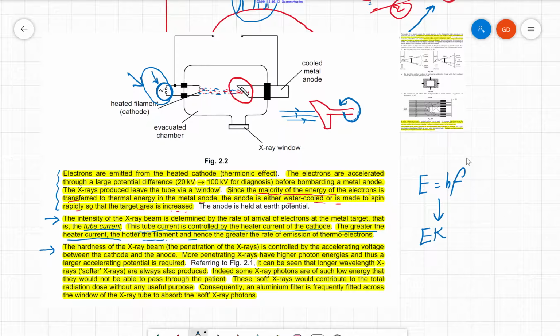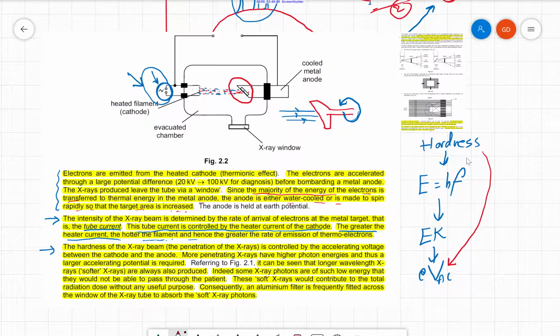This kinetic energy of the electrons is related to the anode cathode voltage. So we could say that the hardness is related to the X-ray energy, which is related to the kinetic energy of the electrons, which is equal to eV, the anode cathode voltage, which means that I can control the hardness by controlling the anode cathode voltage.